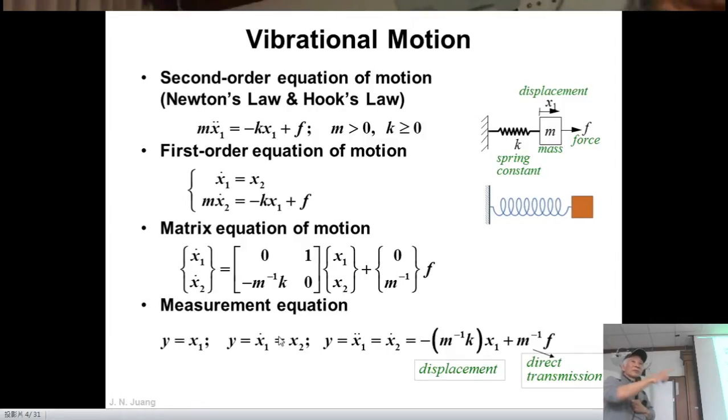Think about it: any mechanical system, even a building like this, a civil structure, is nothing but a combination of rigid body motions and vibrational motions. Agree?